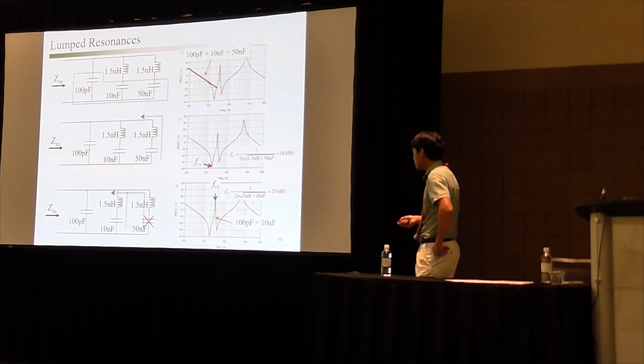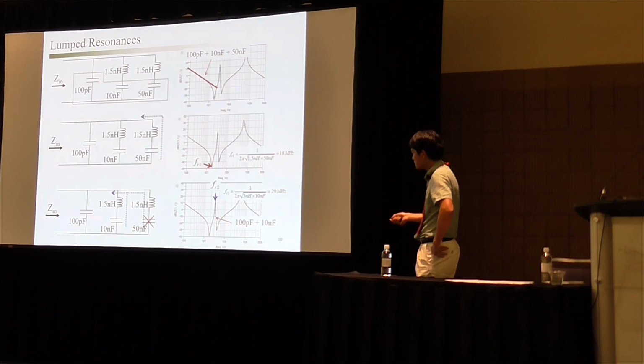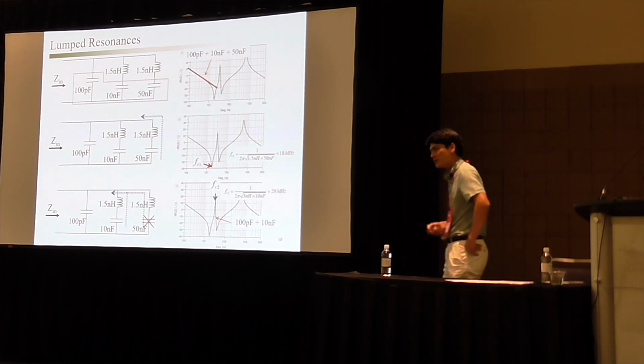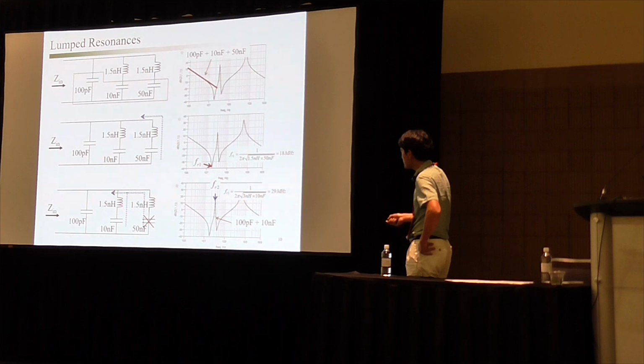Now the effect of this capacitor is gone. We see only 10 picofarad plus 10 nanofarad here. That is the capacitance from these two capacitors. And after that frequency, we have another series resonance, and in this case, this series resonance is from this branch.